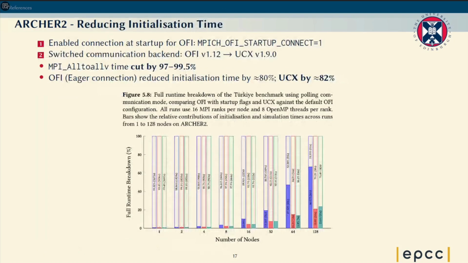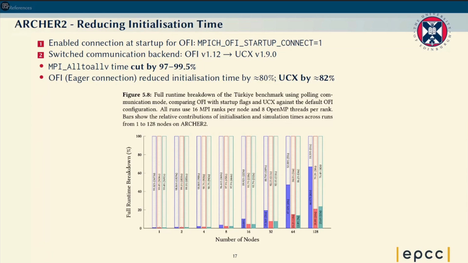So I investigated. By default, OFI establishes connections between MPI ranks lazily, meaning when they first want to send a communication to each other. But since SeisSol distributes the mesh straight away using all-to-all-v at initialization, that was the cause of the slowdown. So what I did instead was enable eager connection, so it establishes connections straight away at initialization.